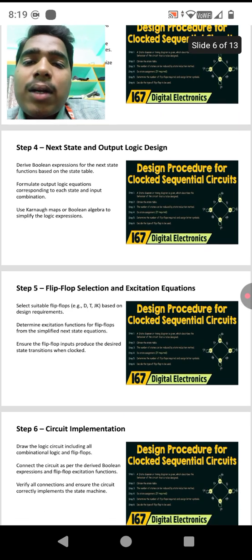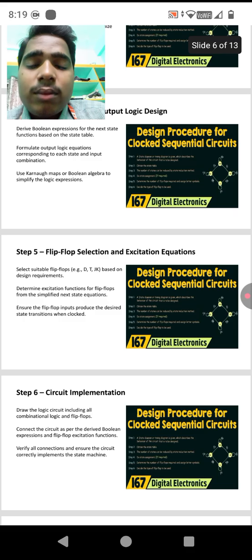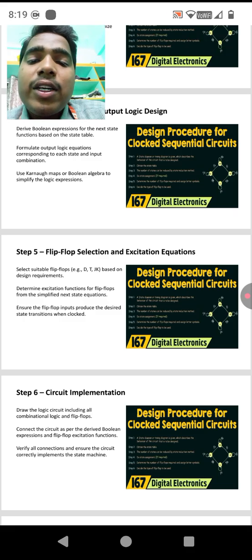From the next state and output logic design, we go to flip-flop selection and excitation equations.